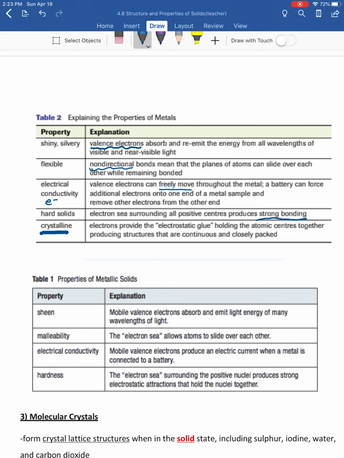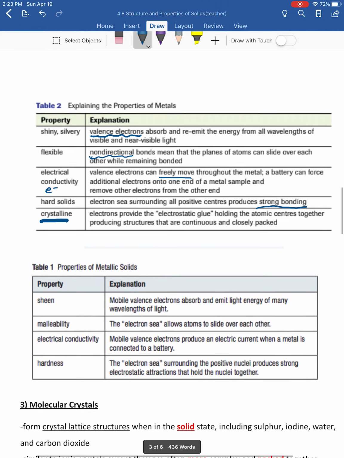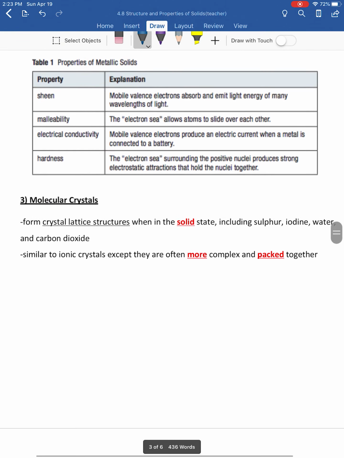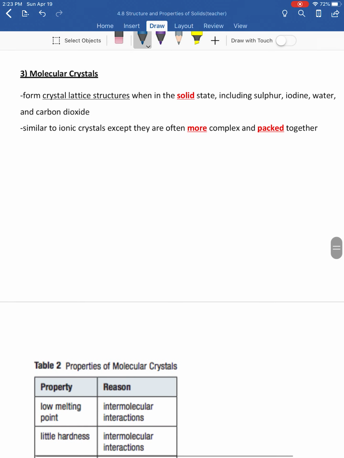Okay, and here's another take on it, from two different textbooks. Next, number 3, molecular crystals. When I talk about a molecular crystal, these would be between two nonmetals, most of the time.